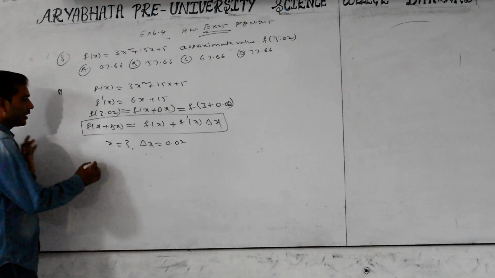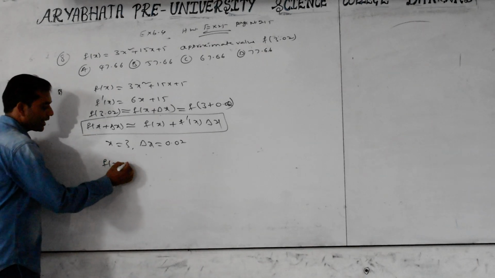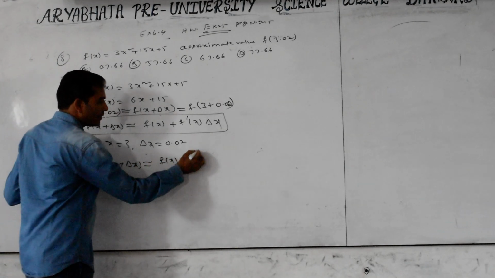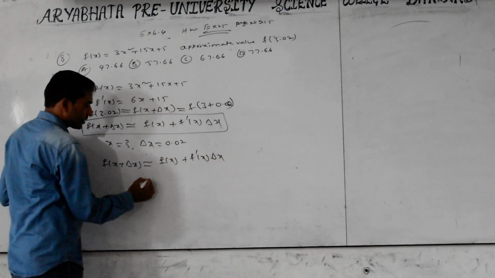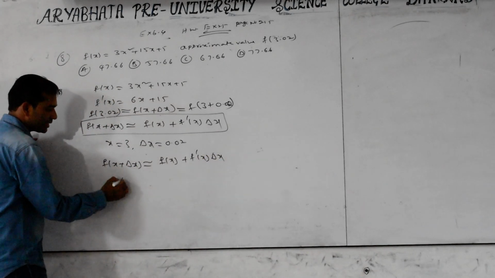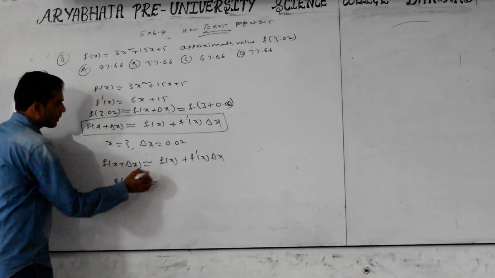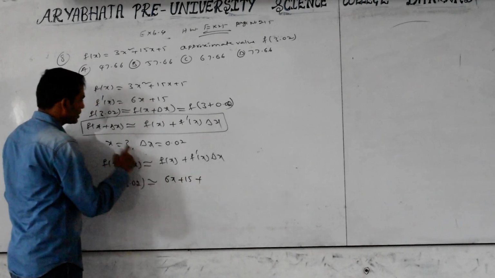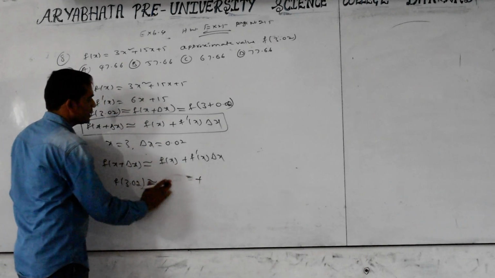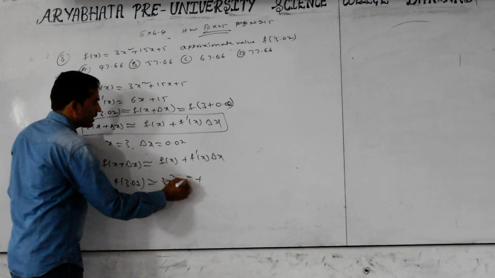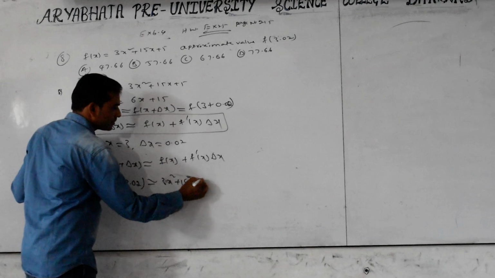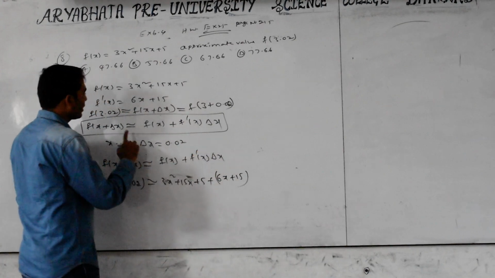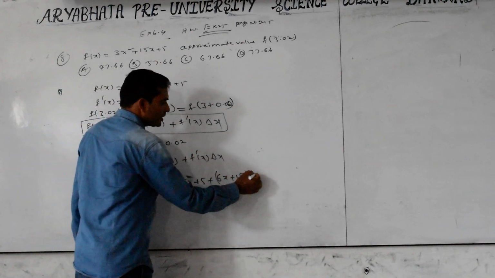Now f of x plus delta x, that is f of 3.02, is approximately f of x plus f dash x into delta x, where f of x is 3x square plus 15x plus 5, f dash x is 6x plus 15, and delta x is 0.02.